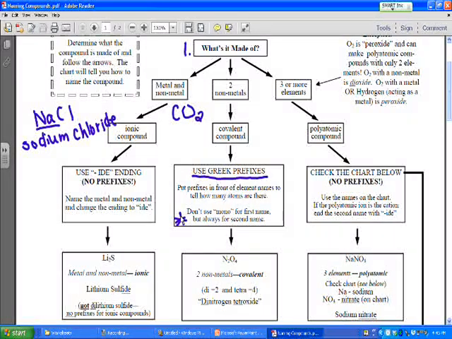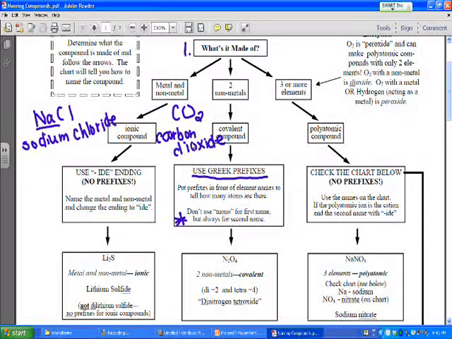We're going to use those prefixes to name the covalent compounds. Now, normally you would think you would put monocarbon, but we never use mono in front of the first element. We only start using mono with the second element. So we would name this one carbon, just like it is on the periodic table. Di for the 2 right here, because it tells us how many atoms. Oxide.